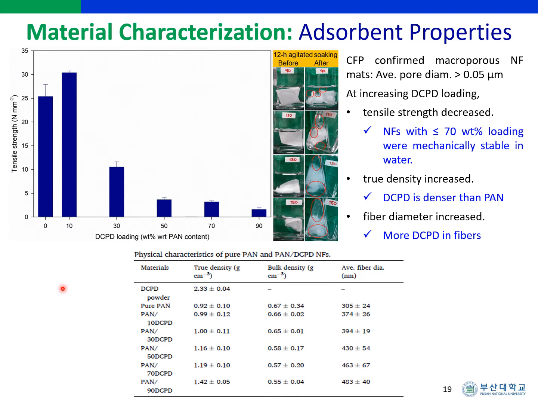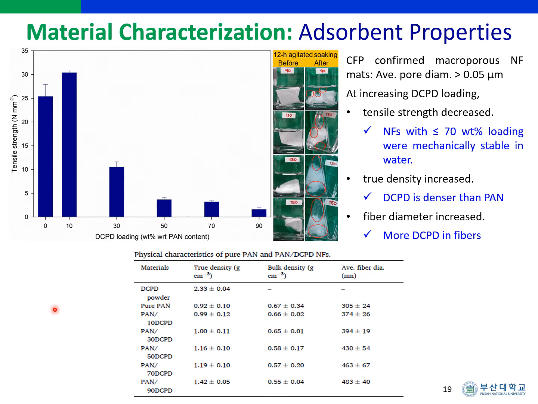Large DCPD protrusions on the nanofiber surface, which were shown in the previous slide, might have caused fiber structure defects, leading to mechanically weaker composite nanofibers.